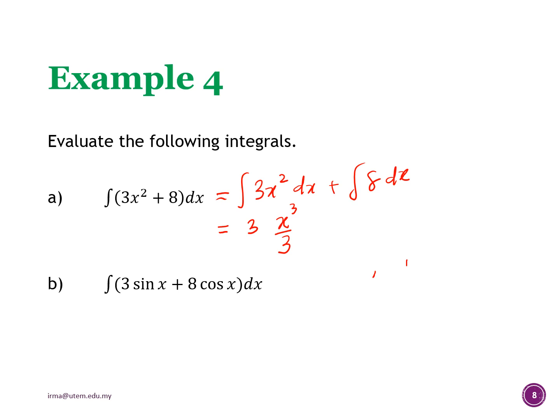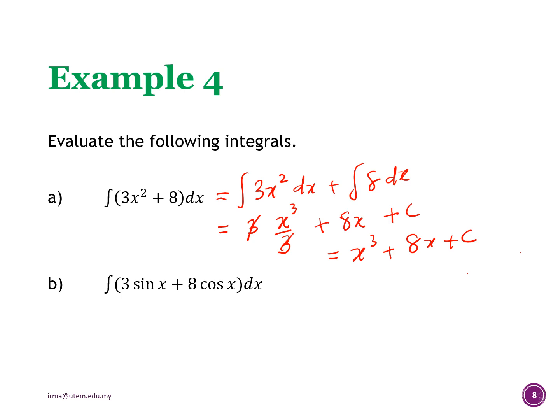We just combine it later, because constant plus constant you will get a constant as well. Then the second part, integrate 8 with respect to x, so we get 8x. Now you need to put the constant. Simplify: the 3 and 3 you can cancel out, so the final answer will be x cubed plus 8x plus c.